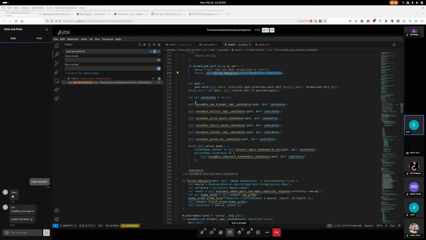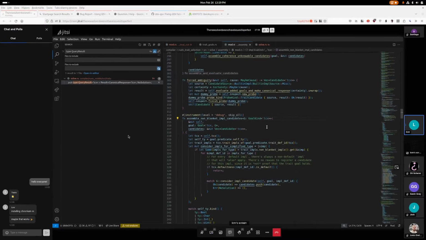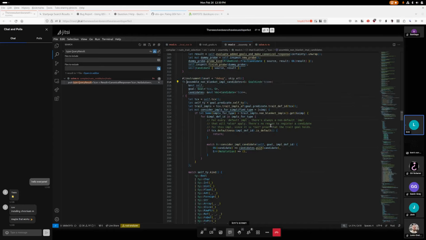So let's look at assemble non-blanket impl candidates, which is responsible for all the trait impls which are not for some generic parameter T or for a projection, which allows lookup to be far more performant.